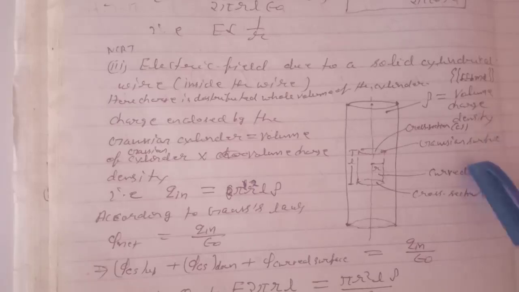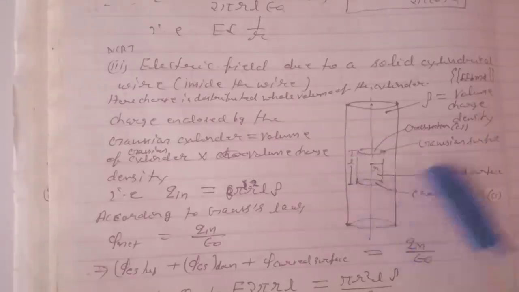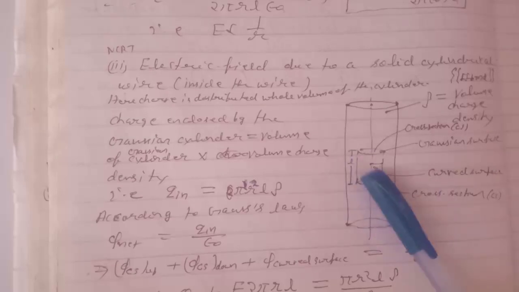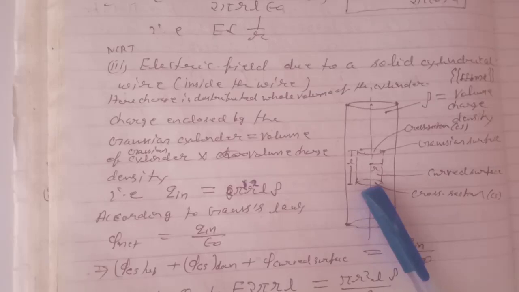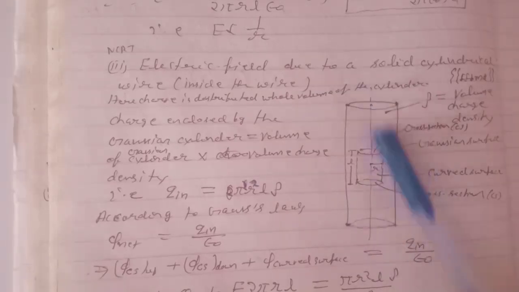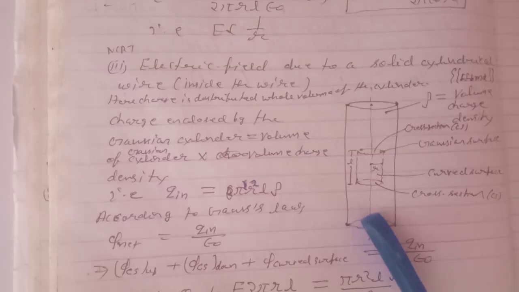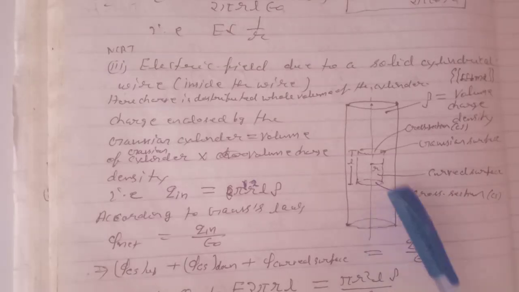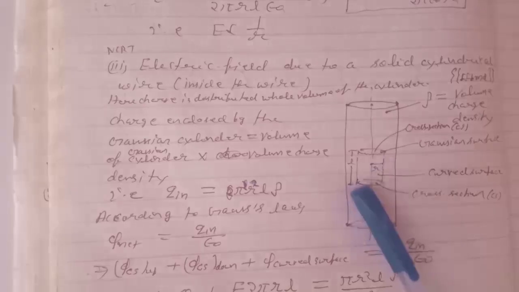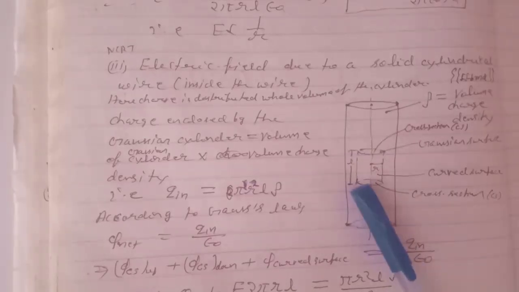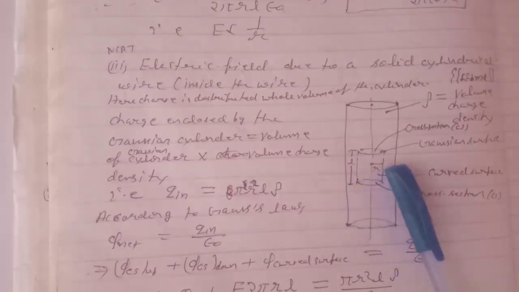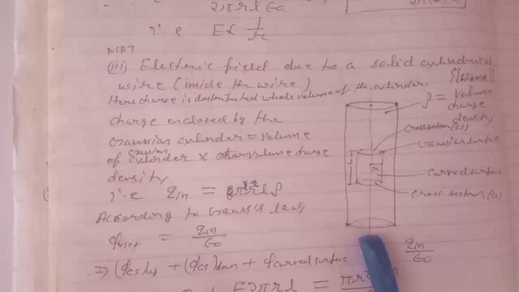If we take a Gaussian surface, that is a Gaussian cylinder, which is coaxial with the axis of the solid cylinder, at a distance r, and the length of the cylinder is L, and the curved surface is at a distance r from the axis.